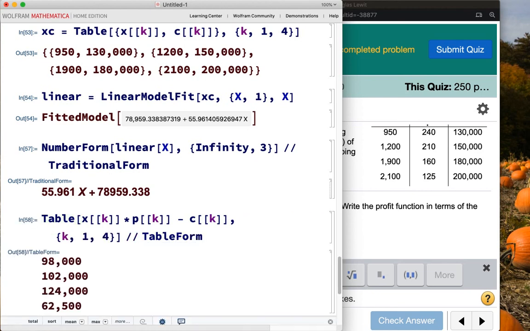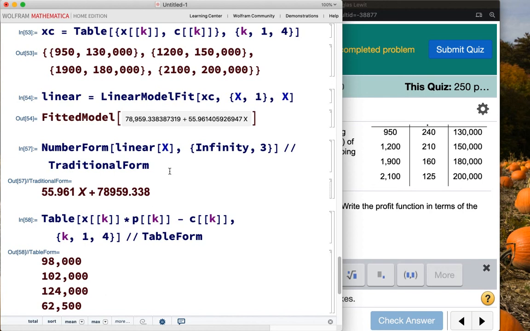So we can see that the maximum profit, according to the table, has to be $124,000. That's going to be the maximum profit.